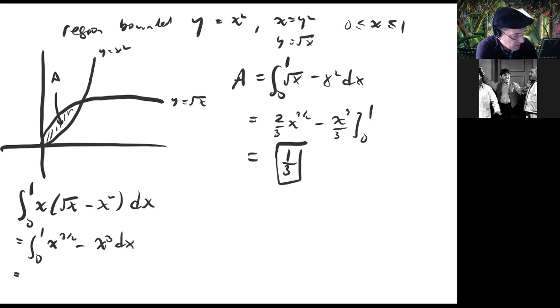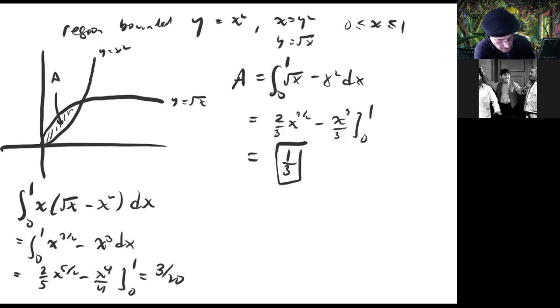And that's going to give me 2/5 x to the 5 halves minus x to the 4th over 4 from 0 to 1. And if you plug in the numbers, you should get 3 over 20.